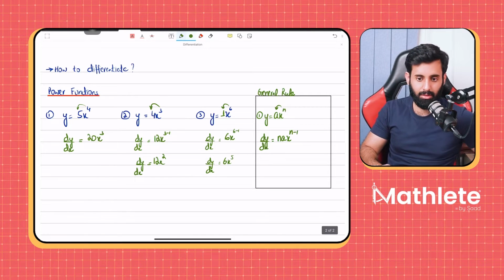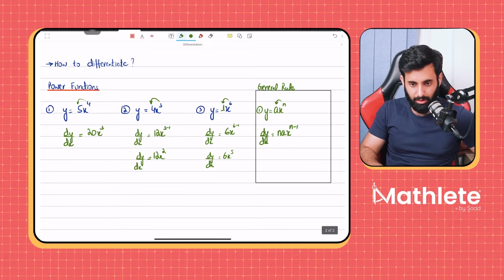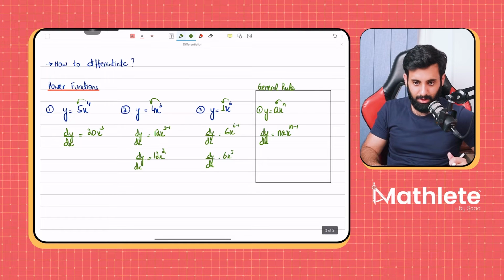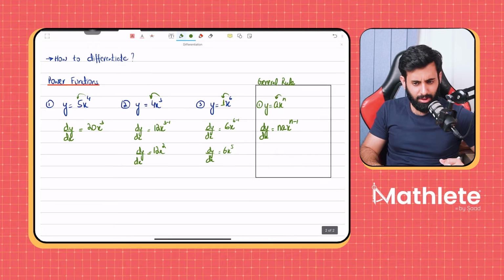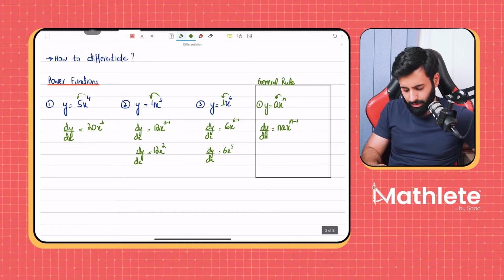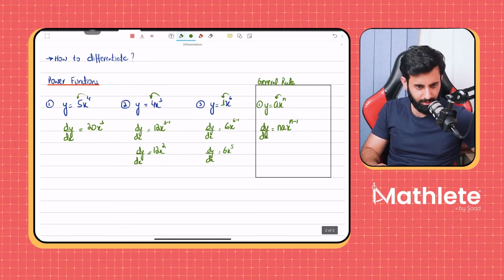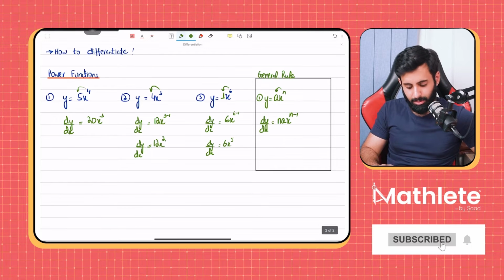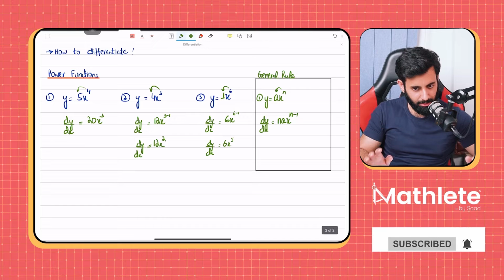We take 1 away. So we have n times a, x to the power n minus 1. No, it's not that why questions are the worst. There is a clear explanation behind the minus 1, which we can look into, but not right now.